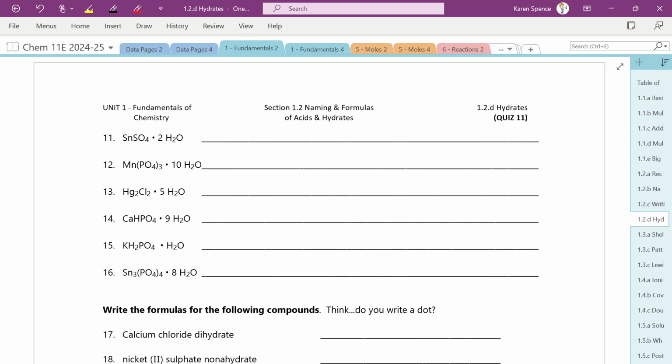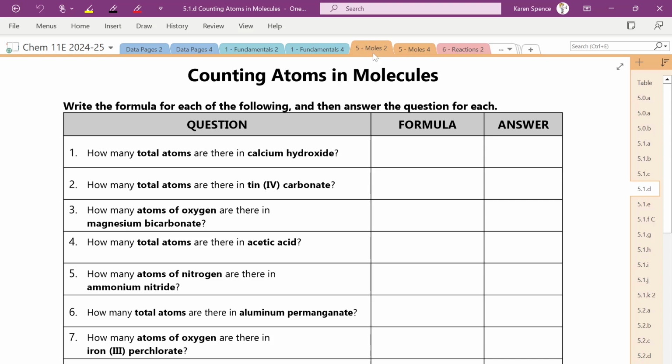And there's something else I want to do as well, which is 5.1D. There we go. That's your homework. Feel free to take a picture. You can take out your cell phone and take a picture if you want to. It will be on Teams.